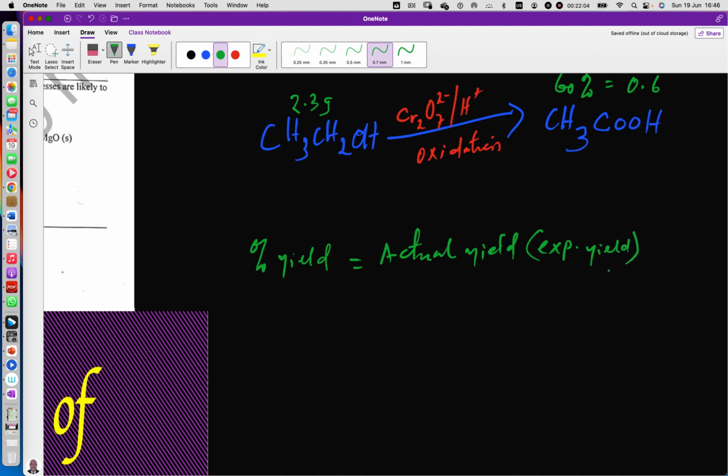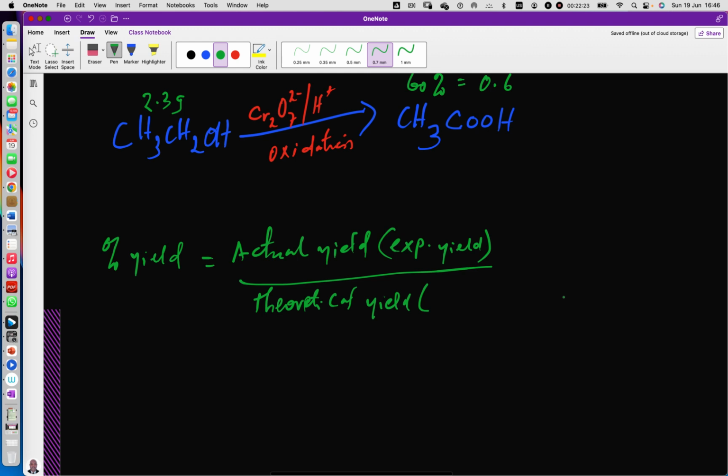If you cannot understand it, another word for theoretical yield is the calculated yield, times 100.